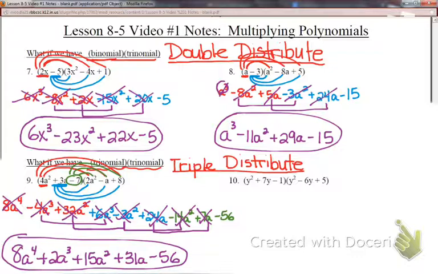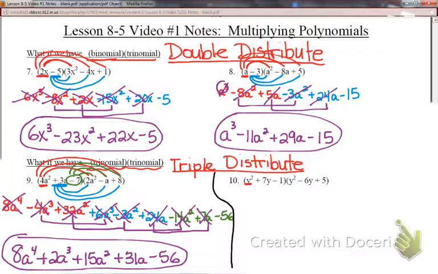All right, number 10. Kind of ran out of room here. Let's see if I can draw a little line. Okay. Here we go, triple distribute again. So, start with my first term in my first polynomial. Take it times each item in the second polynomial.